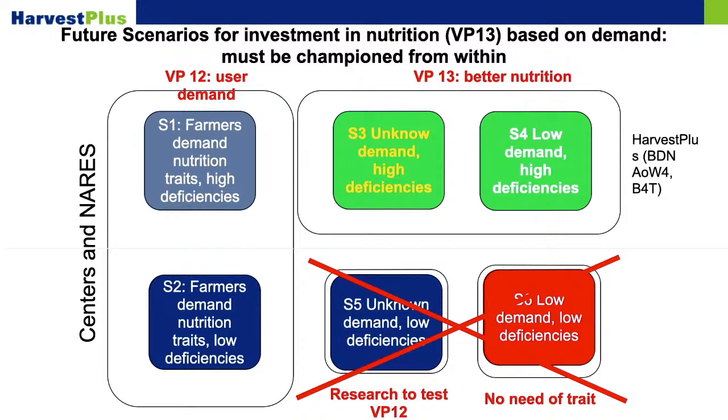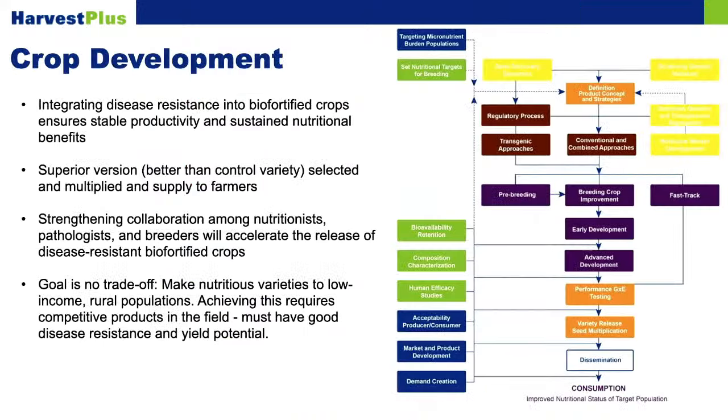Therefore, we are advocating with many of these donors, as well as in research priority and policy setting. This should be taken very carefully: where is the high deficiency? For example, in India 50% of women are anemic. The question is how supplements are going to support in the long term, because agriculture should come into the picture. So the product profile should have those crops where it is feasible, with those traits along with disease resistance.